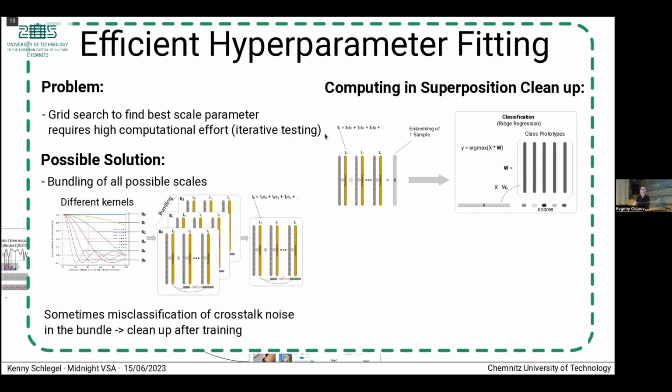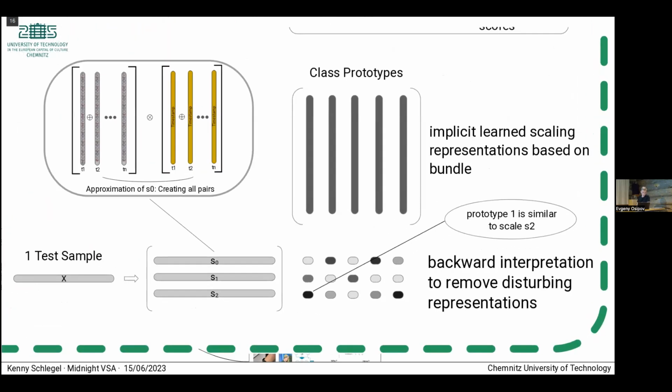Now we can maybe use these class prototypes to look at what is probably the best scale selected by the classifier, by trying to backward interpret the class prototypes and remove the unnecessary scale representations.